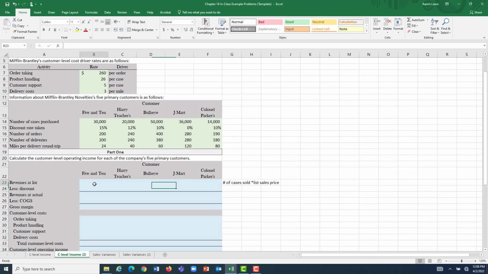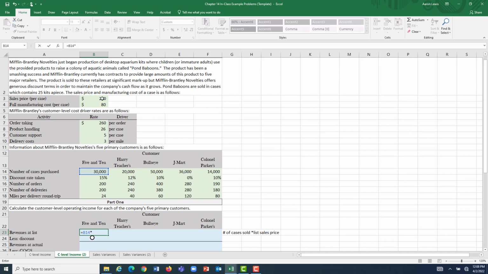So for 5 and 10, they purchased 30,000 cases from us according to our information. Our full list price on a case of pond baboons is $200. So if we did not offer them a discount and they paid the full $200 for each of those 30,000 cases that they ordered, our list revenues from 5 and 10 would have been $6 million.